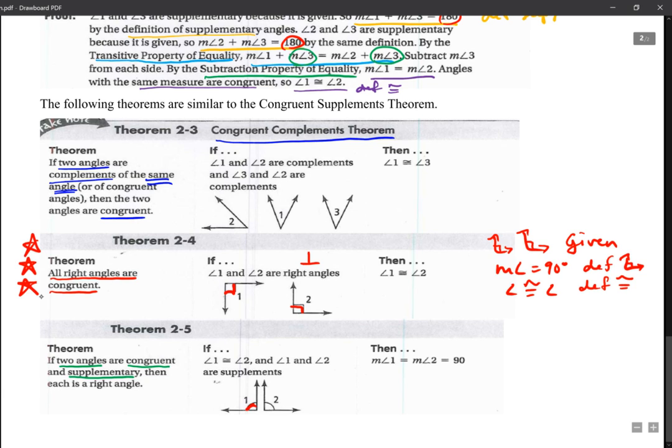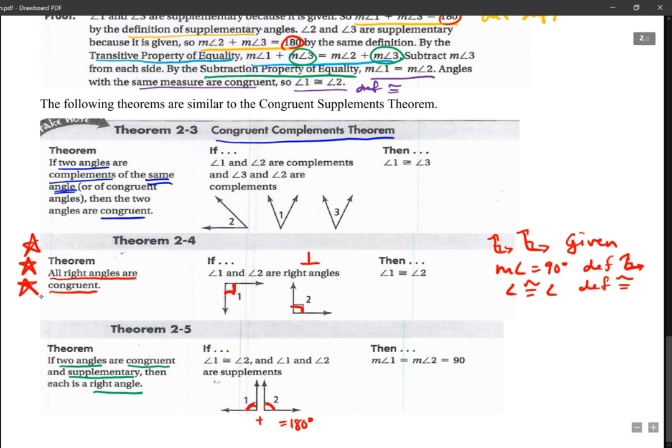Congruent means we have the same measure, and they're supplementary, so I know that these two add up to equal 180 degrees. Can you tell me what those two angles measure? If they have the same measurement and they add up to 180 degrees, the result is that both of them are right angles.